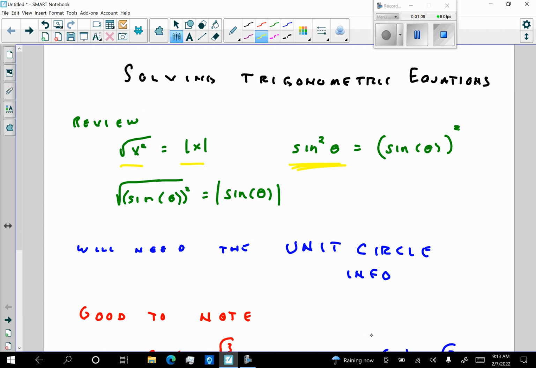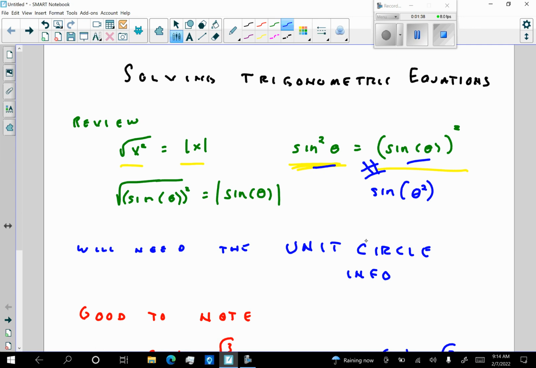So you need to know now, in the rest of your math career, that this means the whole quantity sine squared. And it's also good to note that this does not mean this. Those are not equal. These are equal.